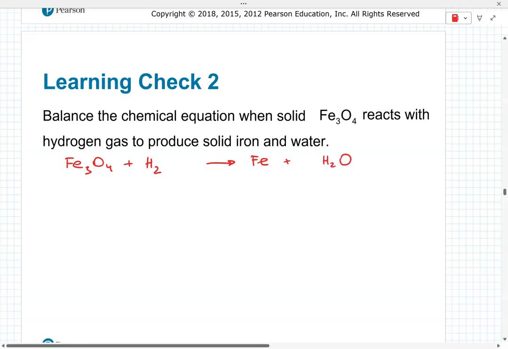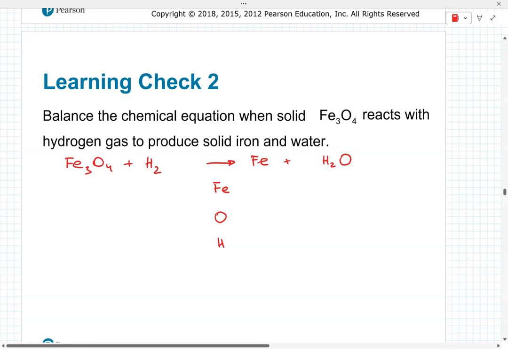First question, is it balanced? No. It is not. So what I usually suggest to do, you put the elements in a column under the arrow. Oxygen and hydrogen go on the bottom. Always.